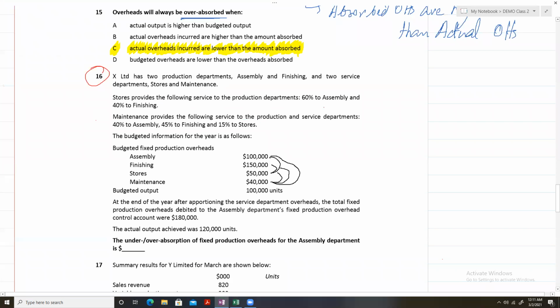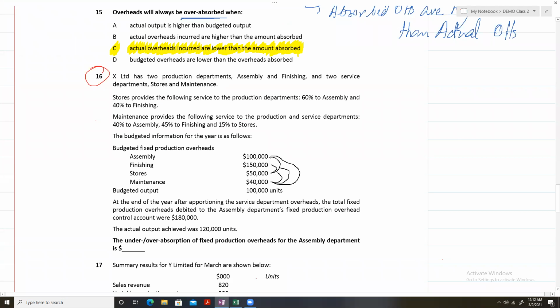In the question we are told that maintenance provides 40% of its services to the assembly, 45% to the finishing, and 15% to stores.